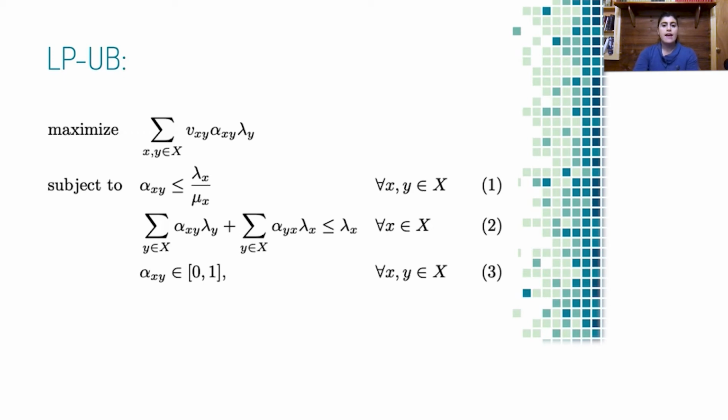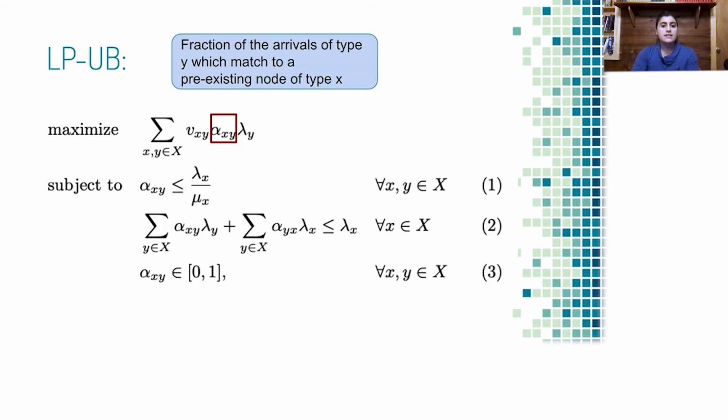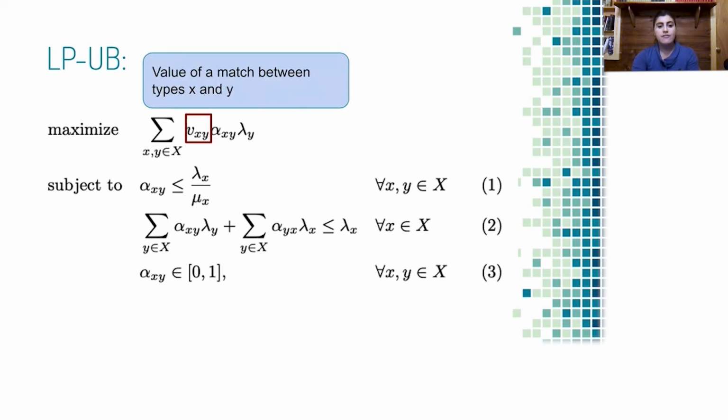So here we have our lambda Y, right? The frequency of arrivals of this type. Now we have alpha XY, the fraction of arrivals of this type Y which are matching to a pre-existing node of type X. So together, lambda Y and alpha XY are giving you the arrival rate of the event of some node type Y matching to a pre-existing node of type X. And finally, when that's happening, we're getting some value. So that's where V XY comes in.